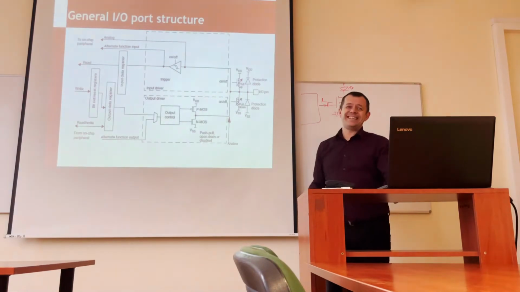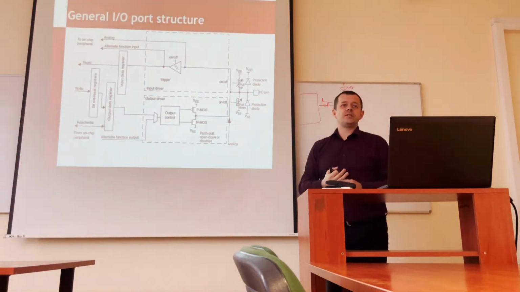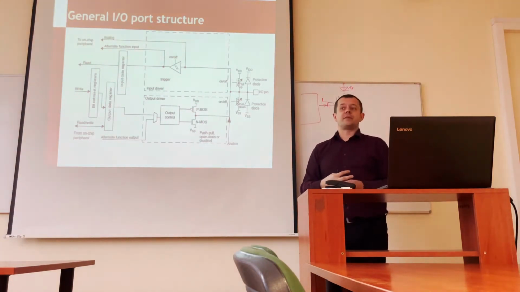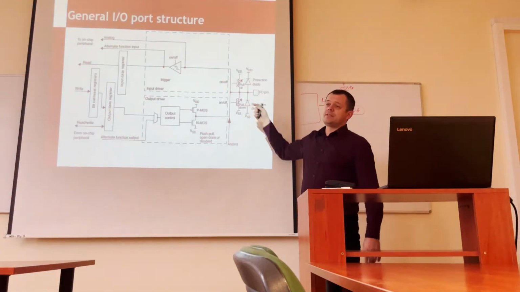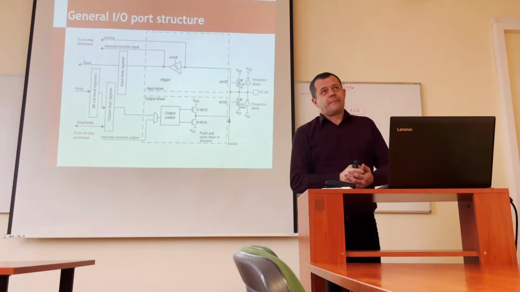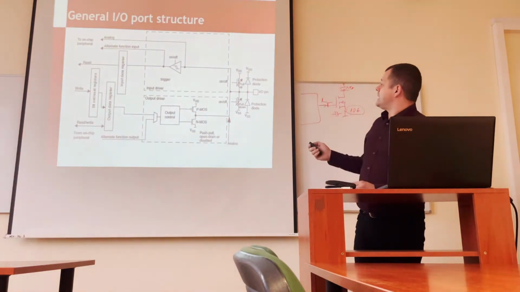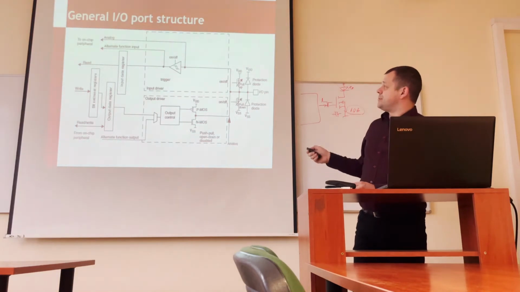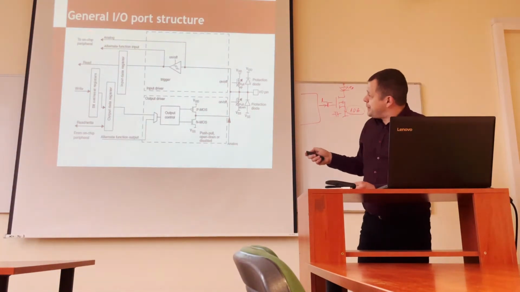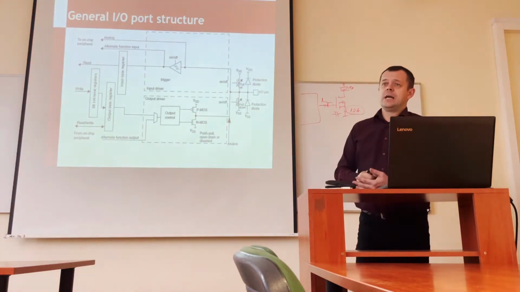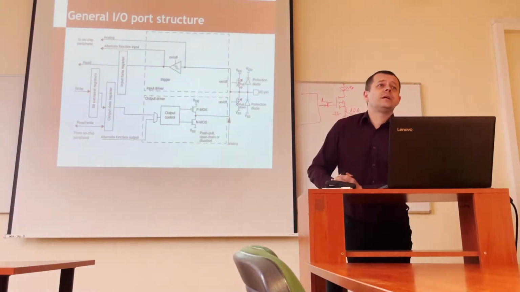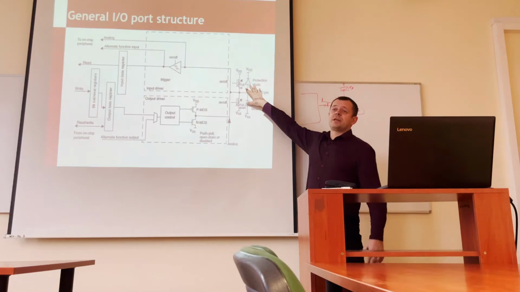So if you exceed the input-output voltage and you don't take care of the clamping current, so if you don't limit the clamping current with a series resistor, either of these diodes will simply break, causing the whole pin of the port to be non-functional. Damaging the microcontroller is usually about damaging these protection diodes.